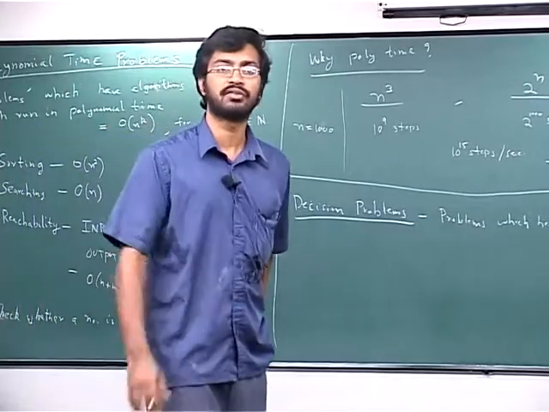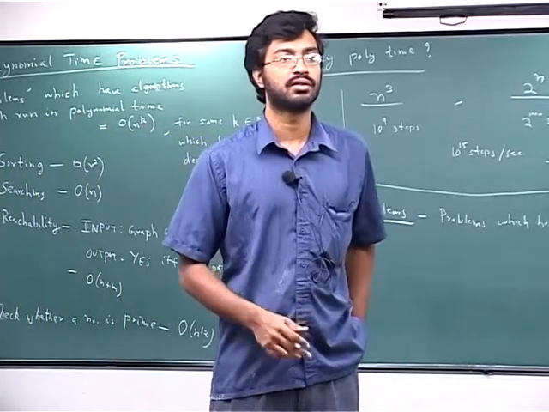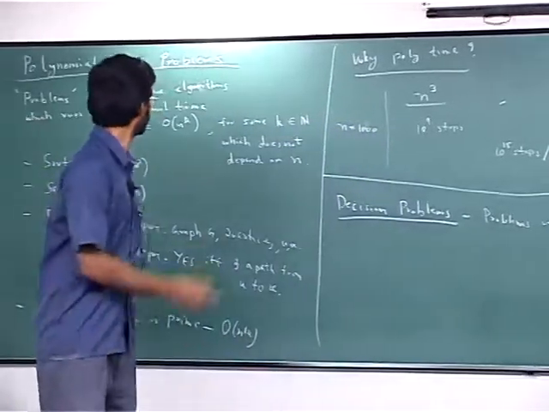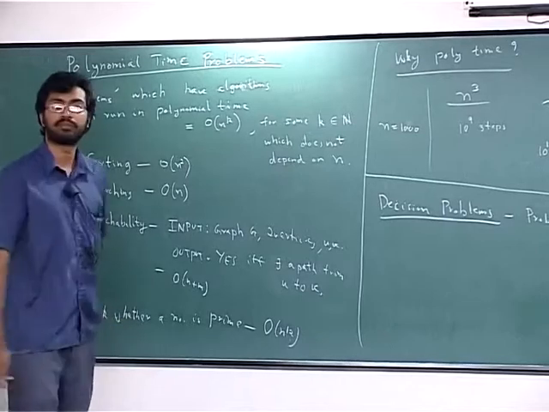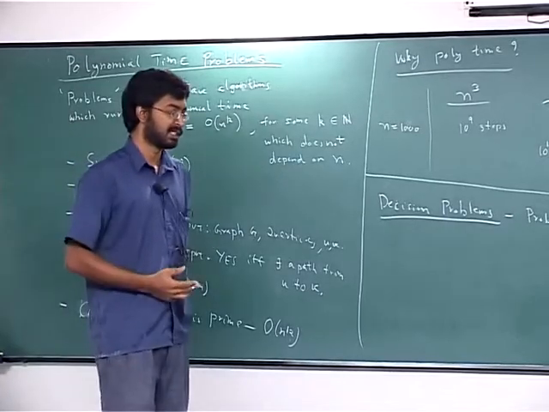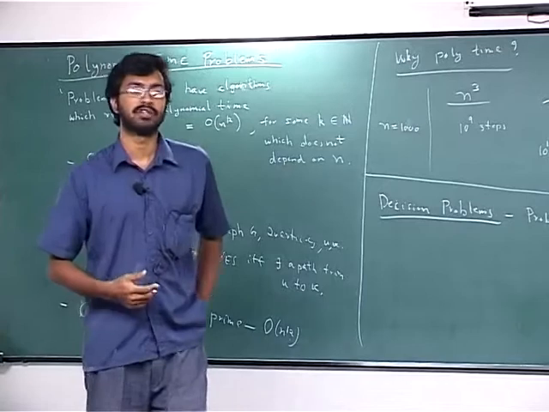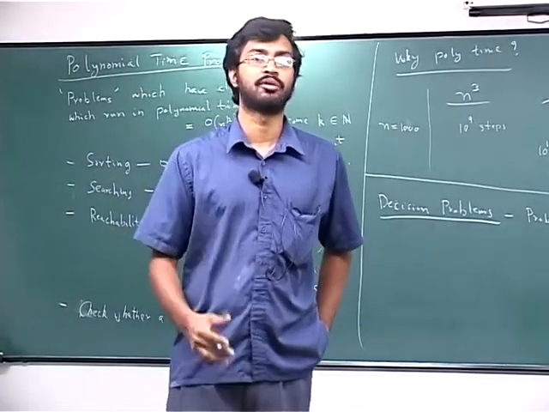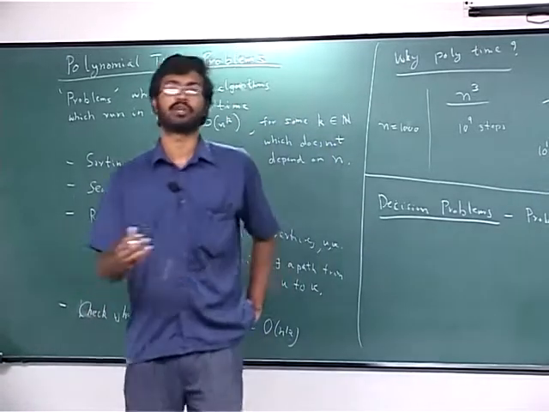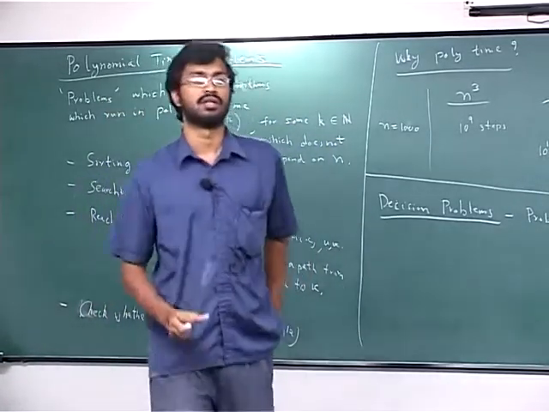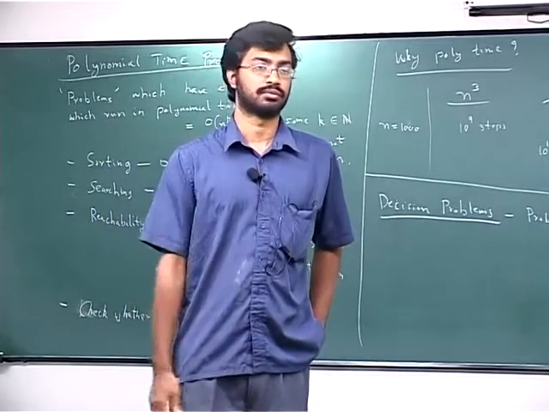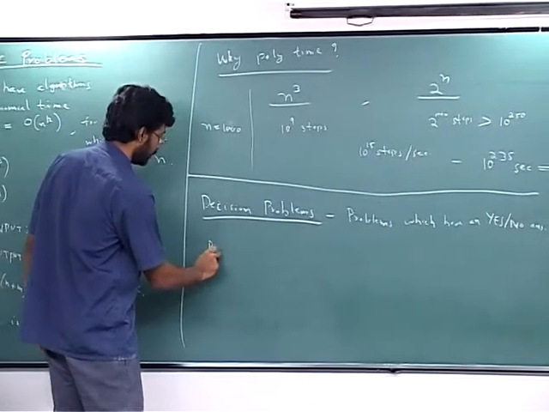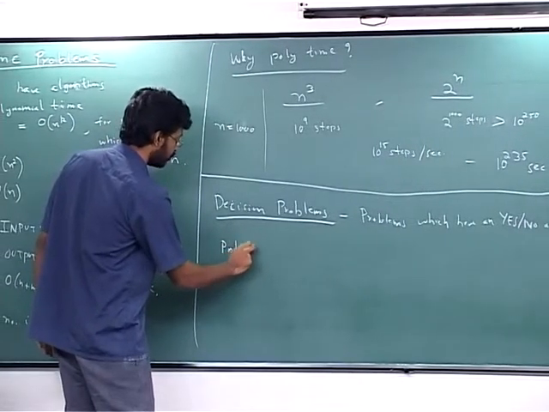You all have studied Turing machines. You don't know what a Turing machine is? Okay. So another way to define a polynomial time problem is problems which have Turing machine encodings which run in polynomial time. So any algorithm you can view as a Turing machine encoding. So this is another definition of polytime problems.